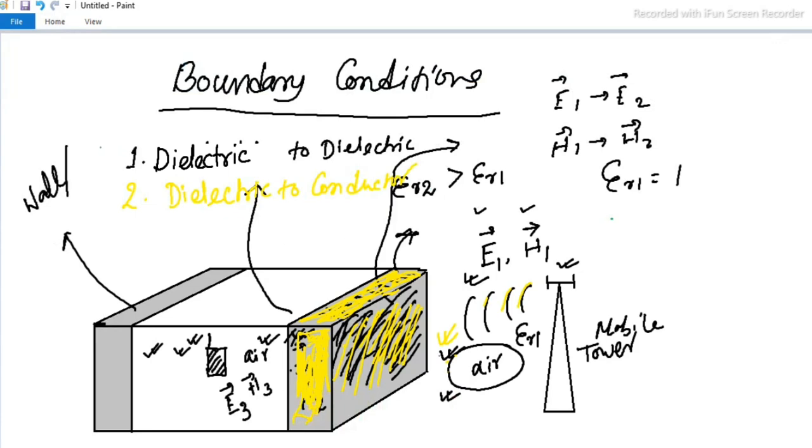Ideally, we have two different boundary conditions, as we have seen. One is dielectric to dielectric, another is dielectric to conductor. So these are fully different.